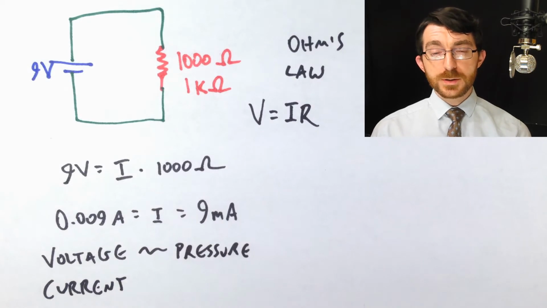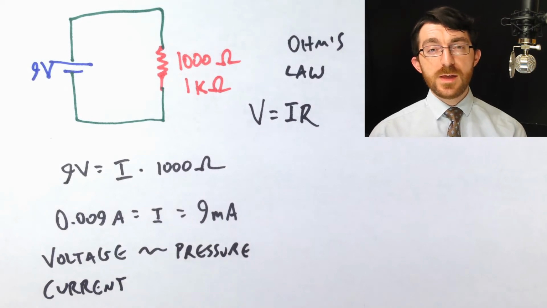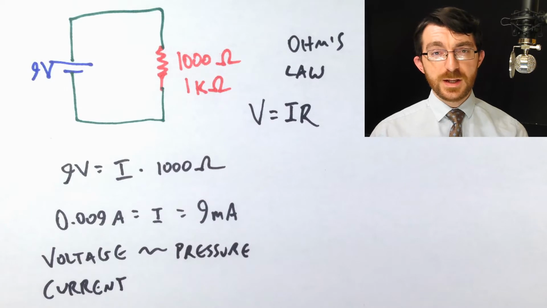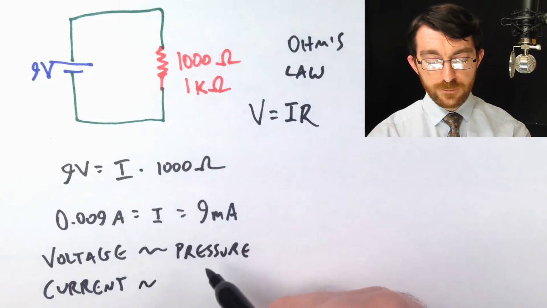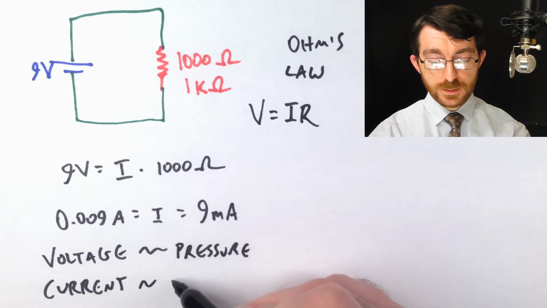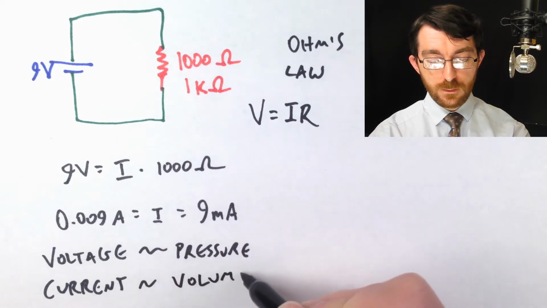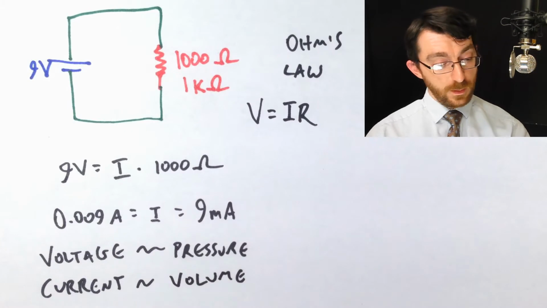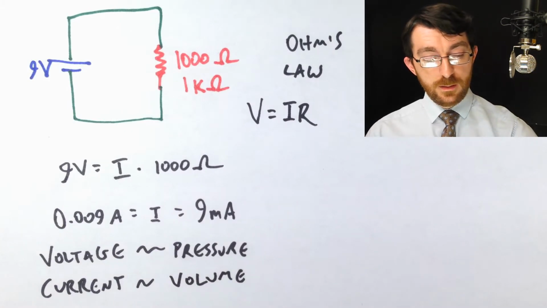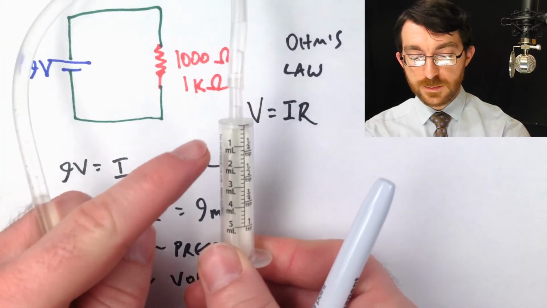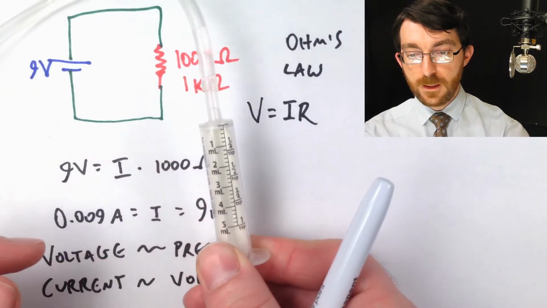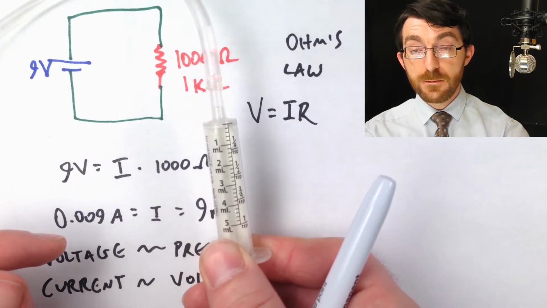Well, current refers to the amount of electricity that is flowing. You might say, in terms of the water analogy, it would be the volume of the water that actually was flowing. So I'll call it volume. So think of it kind of like this, back on this. So this syringe has marks at various numbers of millimeters.